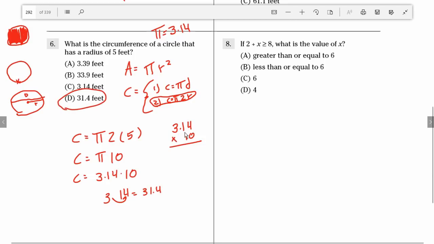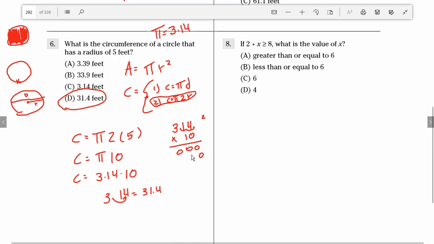Since we're practicing our arithmetic, this is how you multiply decimals. You would shift this over 2 spaces to make this 314. You count how many spaces you shifted it, because at the end you're going to add it back into the left. So 0 times 4 is 0. 0 times 1 is 0. 0 times 3 is 0.